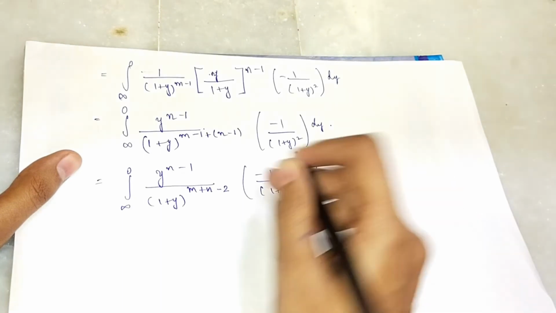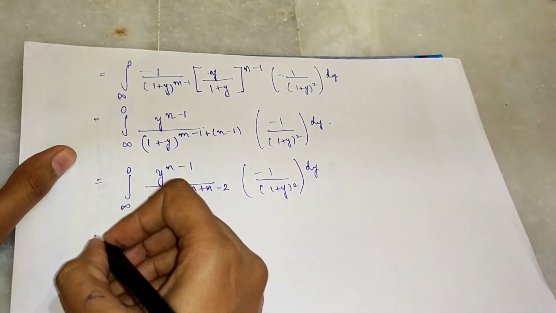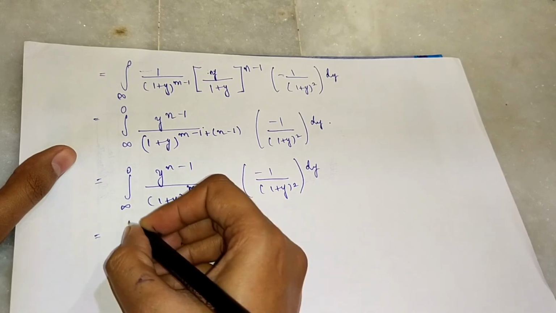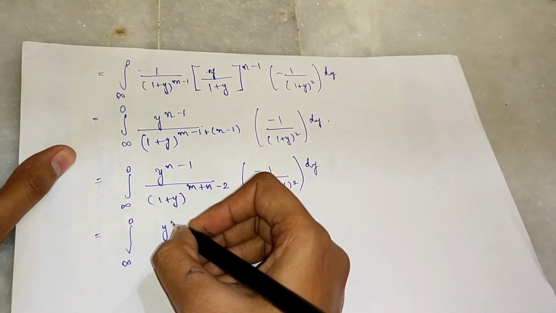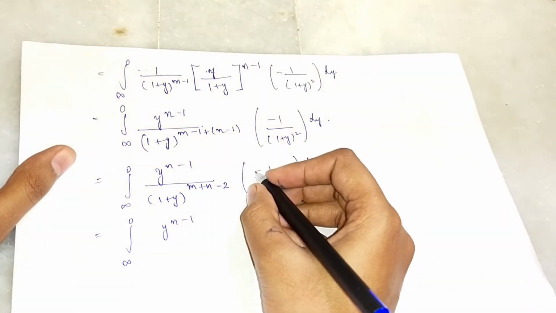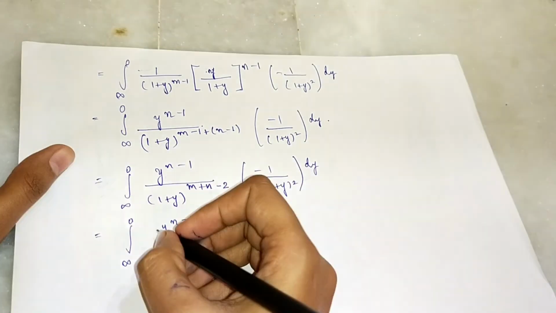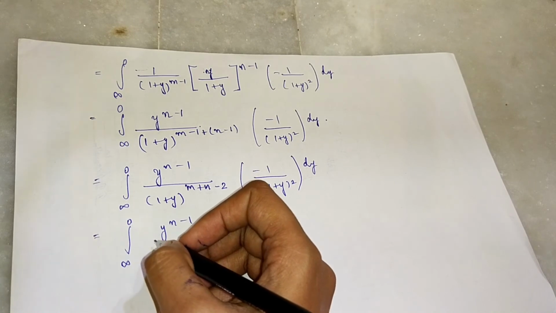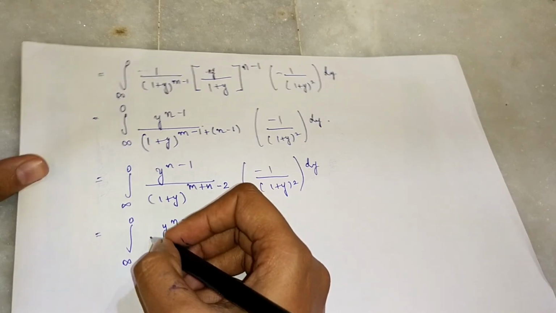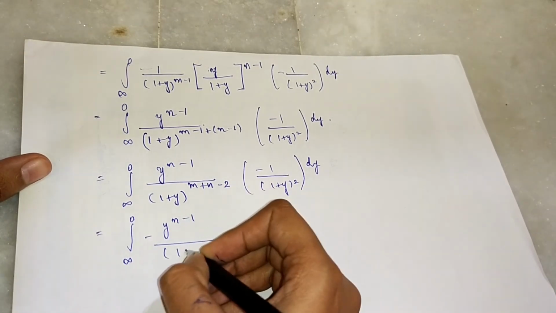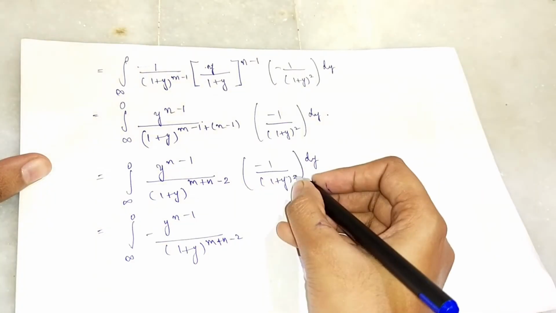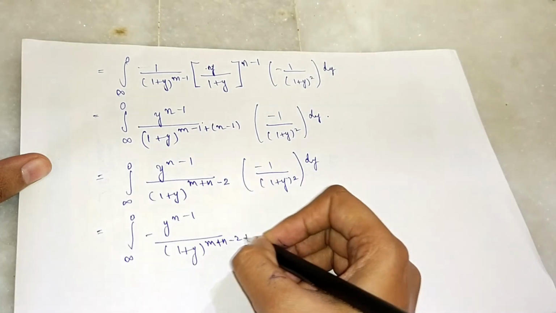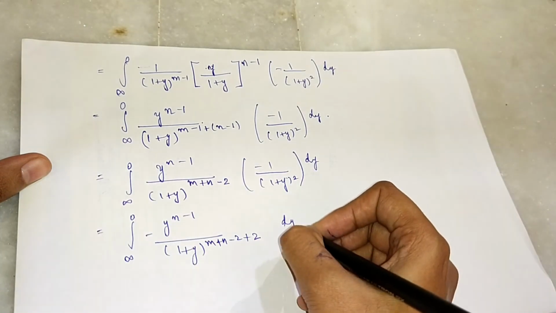And now if we multiply both of these, then we get infinity to 0, y raised to n minus 1. This minus sign will remain here. So we get 1 plus y raised to m plus n minus 2, and this term will also be multiplied, so plus 2 dy.